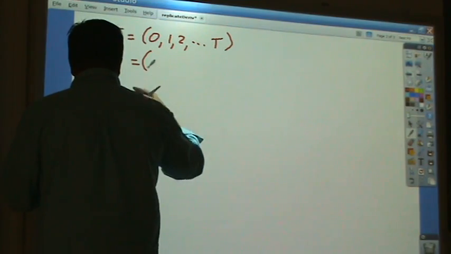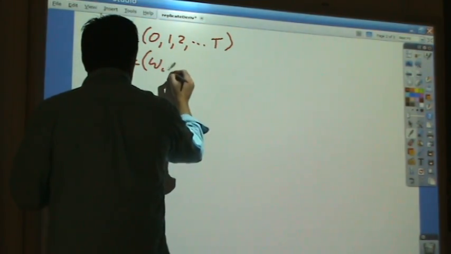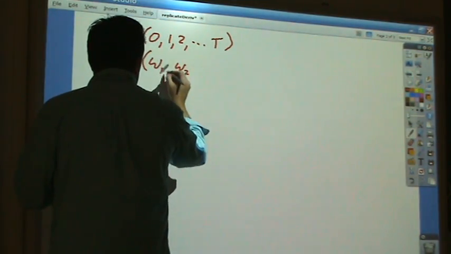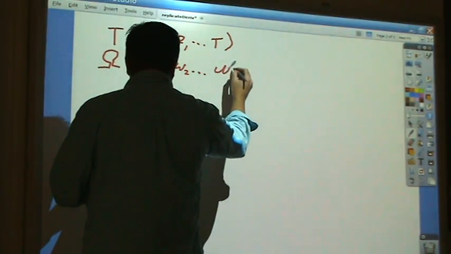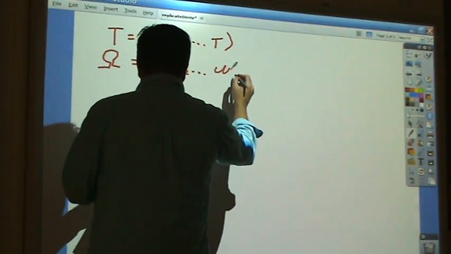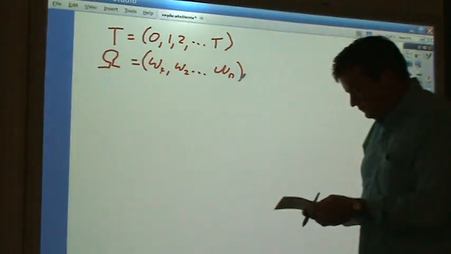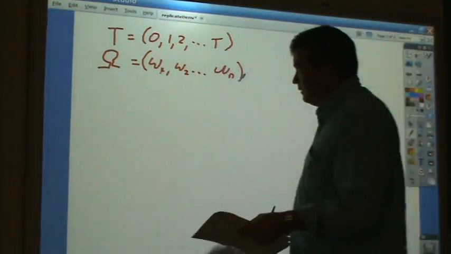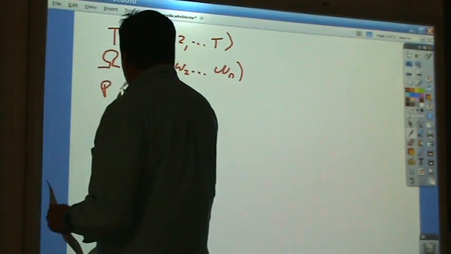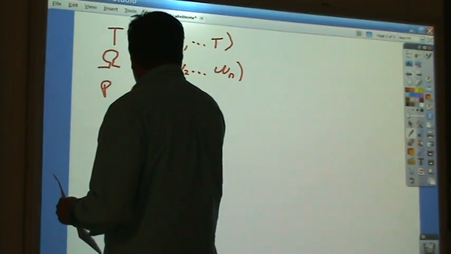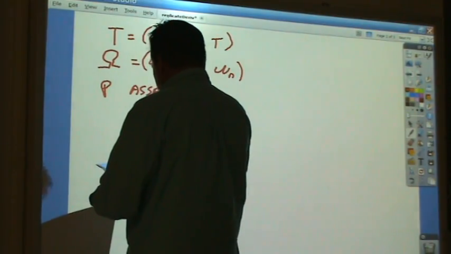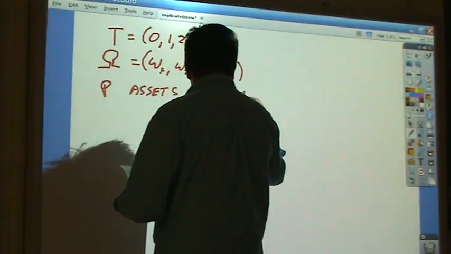And as time goes on, we can get omega 1, omega 2, and omega n for n different states. Okay, we have P assets in our portfolio.